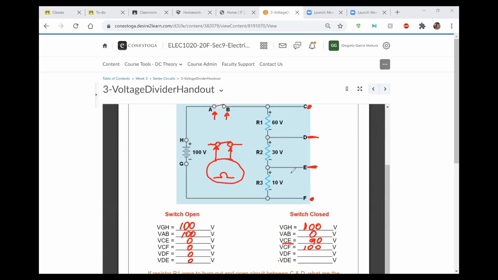D and F is going to be 40 volts. And D and E is going to be 30 volts. All that I was looking for in adding all these voltages is that you keep using over and over that reasoning that E1 plus E2 plus E3 gives you whatever voltage you are measuring with the voltmeter.